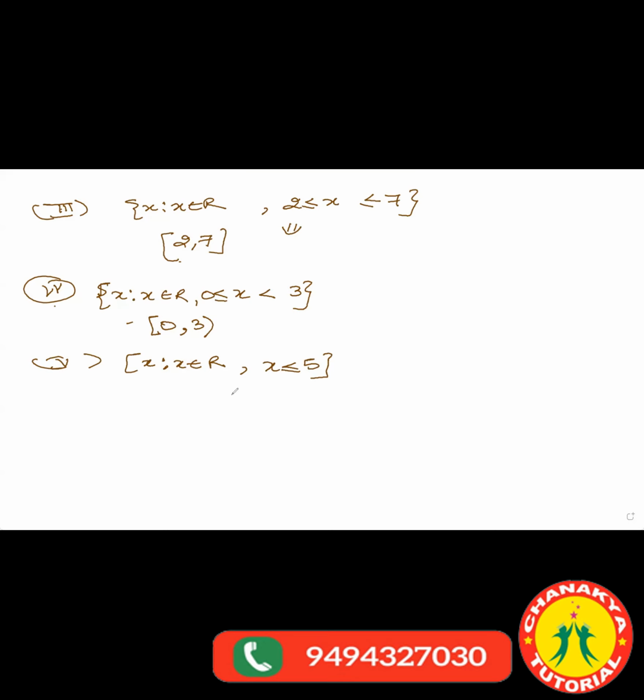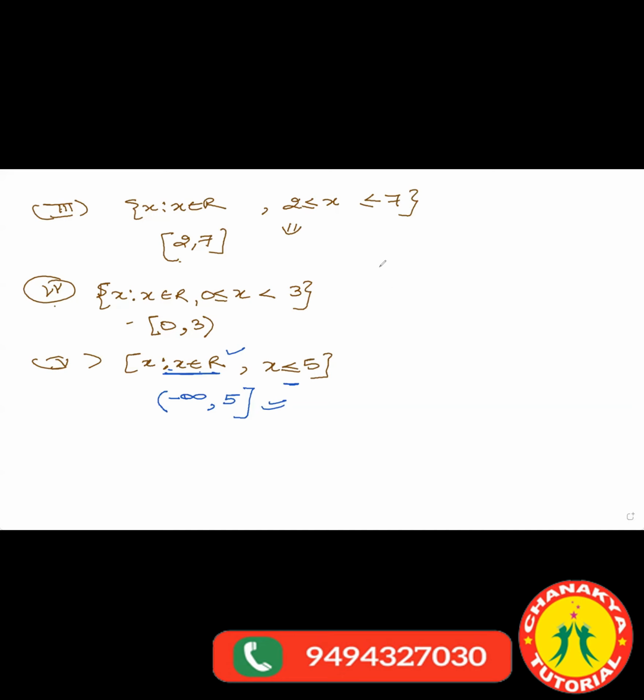Here less than or equal to 5, that means this is your closed interval. Right? And you have mentioned here that x belongs to real numbers, so that means it will start from minus infinity. Clear? So it would be closed or open? Open. Clear? So in this way, you will form the intervals.